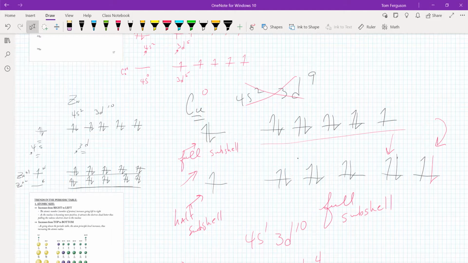For example, if we look at this configuration here, if it loses one electron here, it forms copper +1, or it could lose these two and form copper +2.